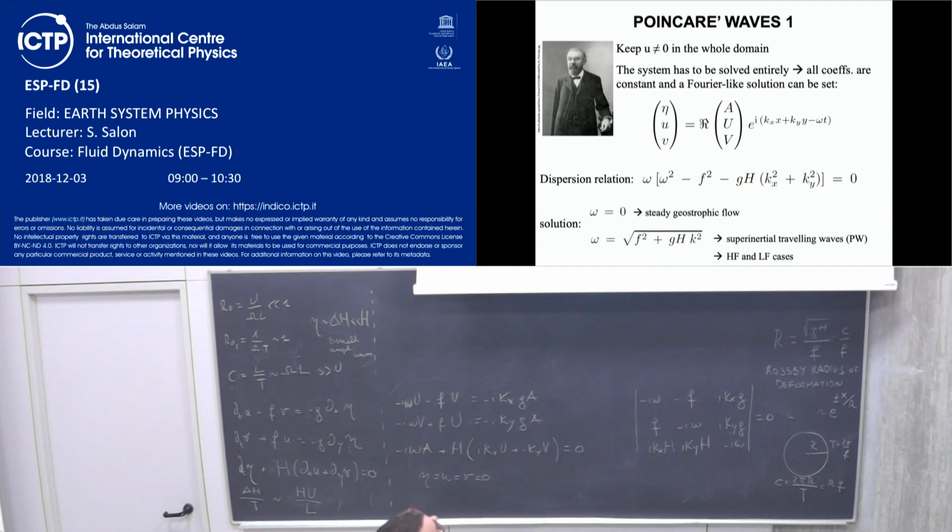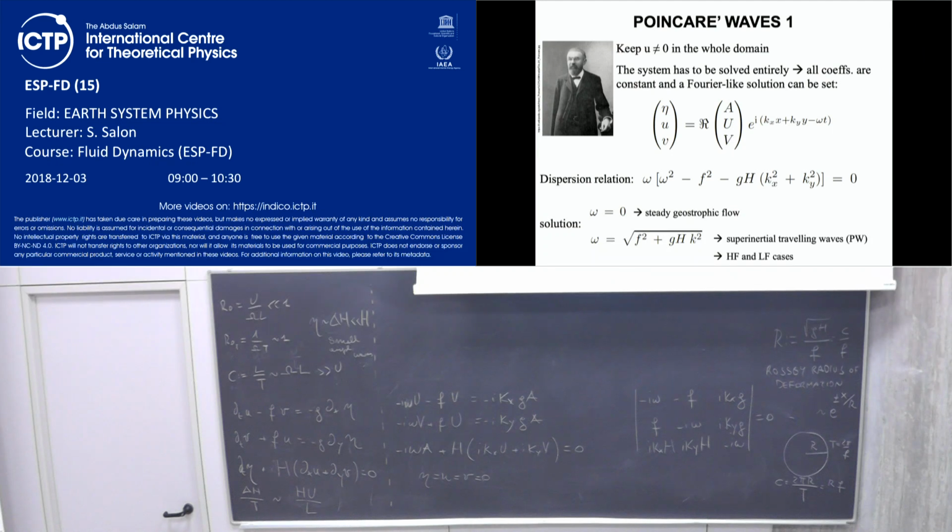And what we obtain is actually the dispersion relation. Okay? So what we obtain is a relation which relates omega to k, the frequency to the wave number, with the parameters f, g, and h.